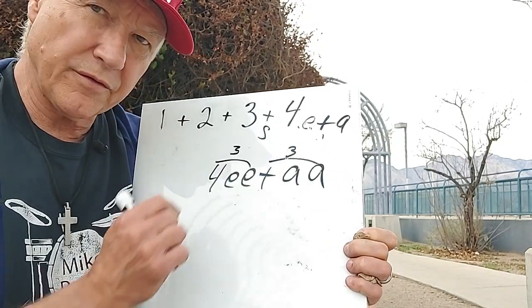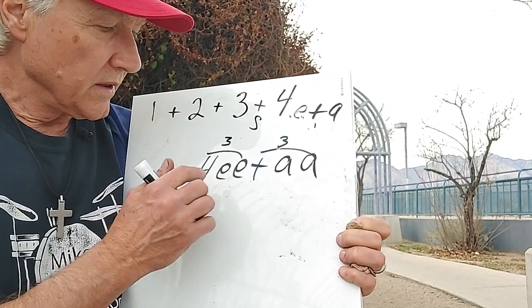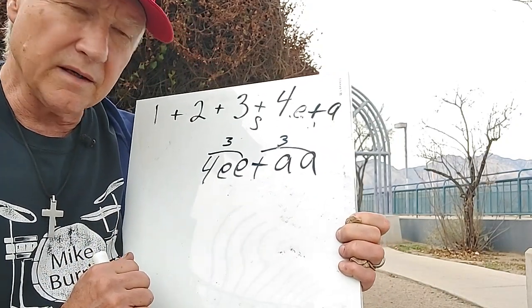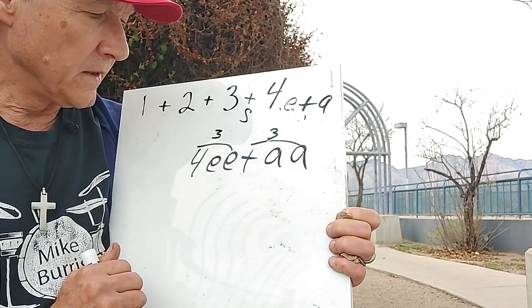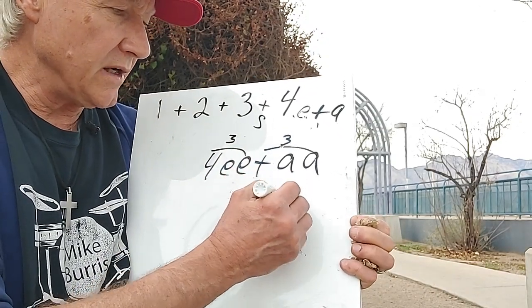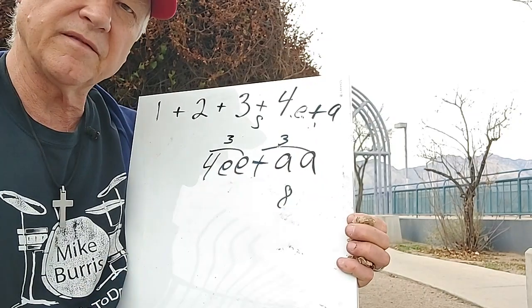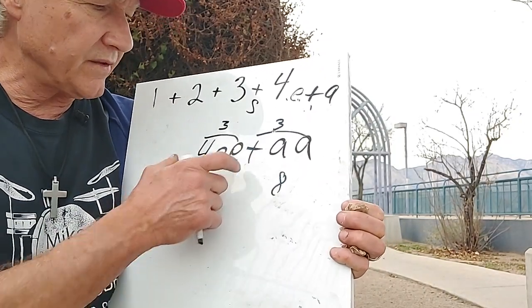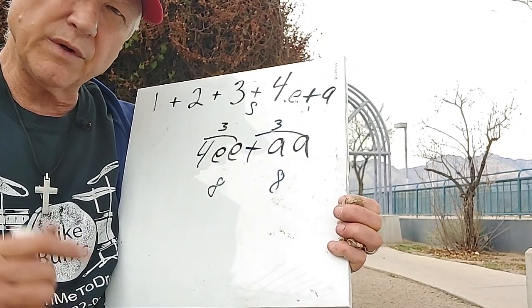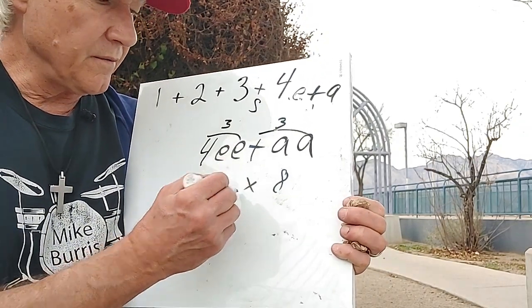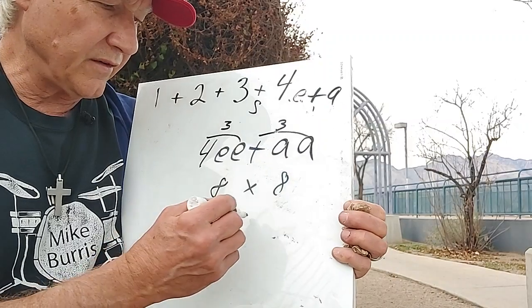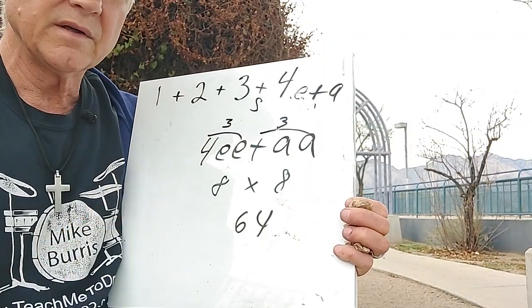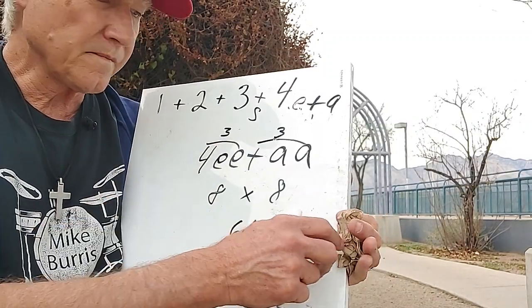So they show a 3. Instead of a sextuplet, you'll see 4 E and a. Okay? So think of this, there's 8 possibilities of 3 things. And there's 8 possibilities of these 3 things. Just like we did. And if you multiply that, you get 64 possibilities of mixing these.